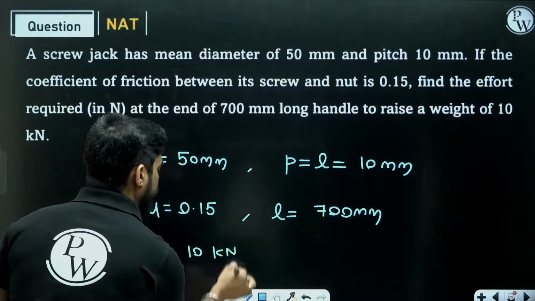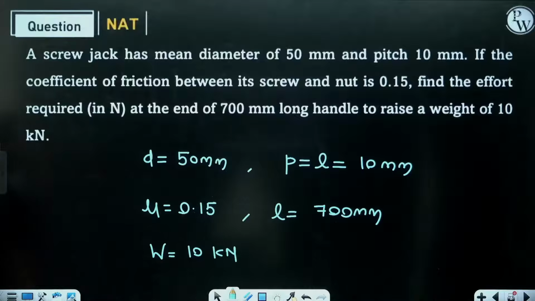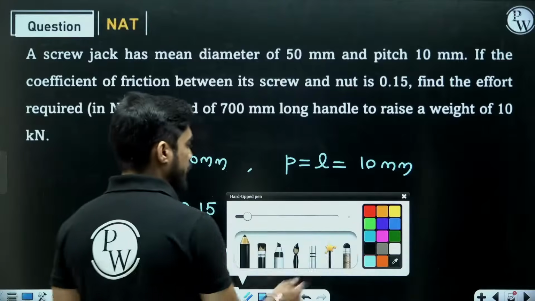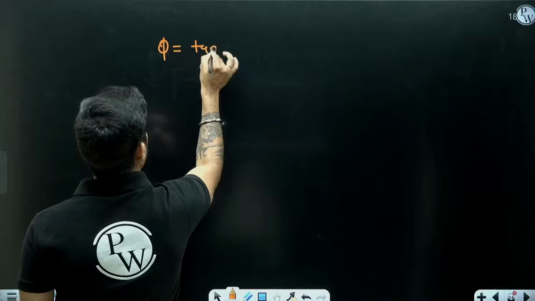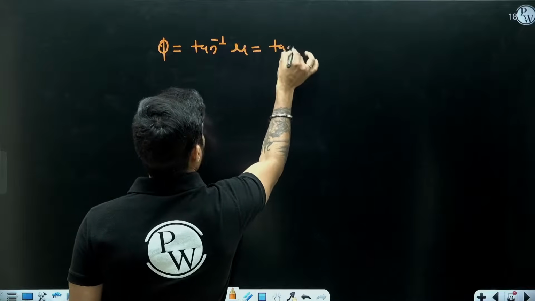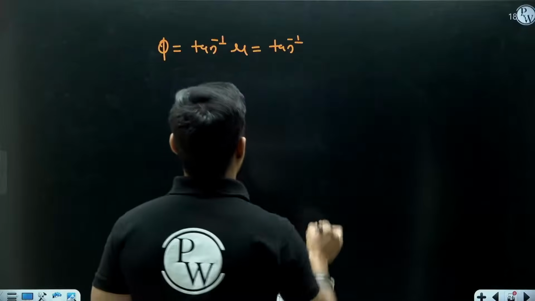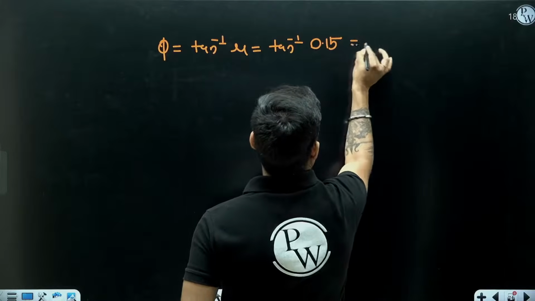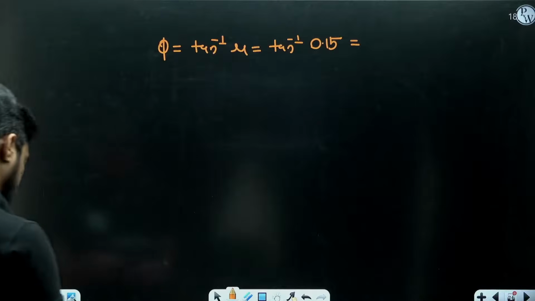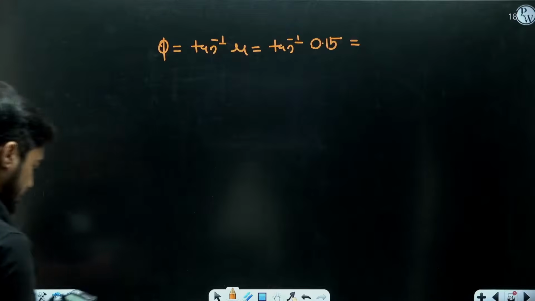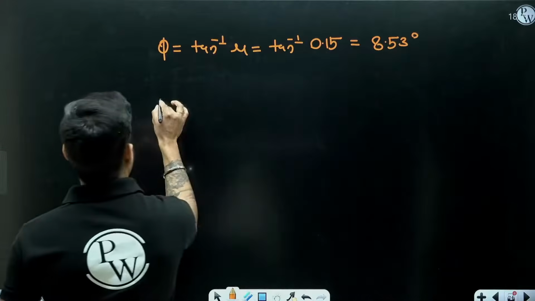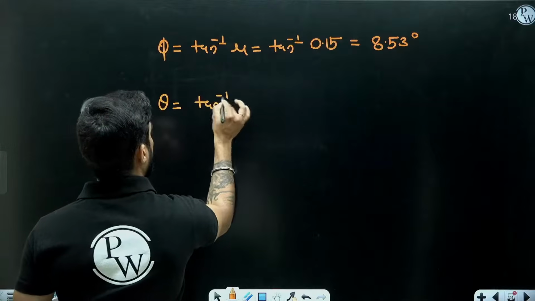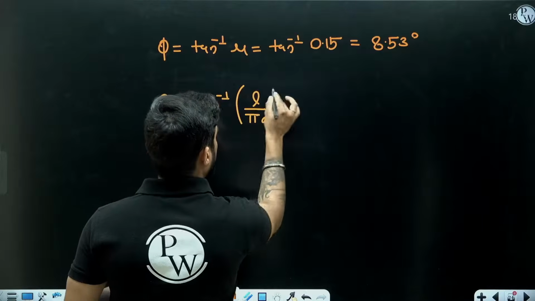Now we need to find the force F at the end of the lever. First we will calculate P. So how do we calculate P? We need theta and phi. So phi will be tan inverse of mu, which is 0.15. So it is 8.53 degree and theta is tan inverse of L by pi d.